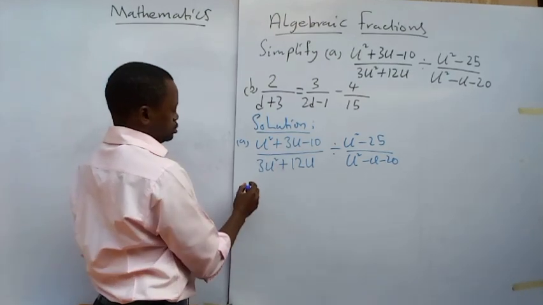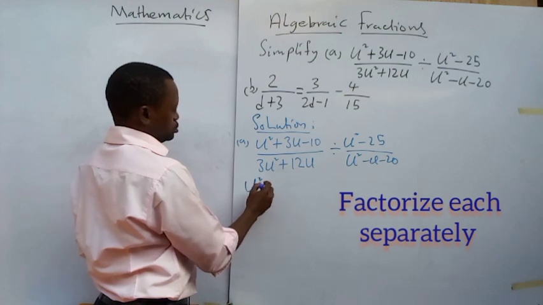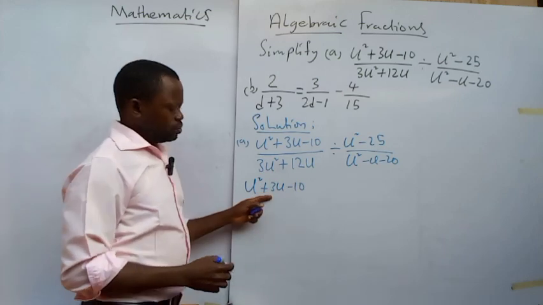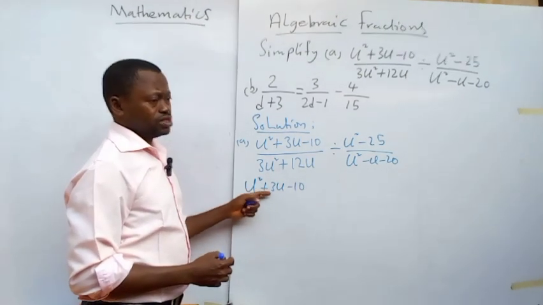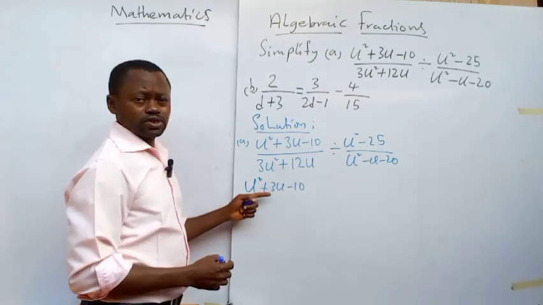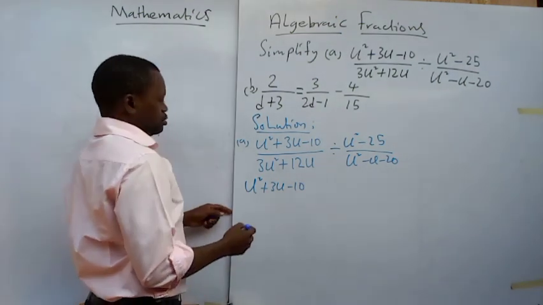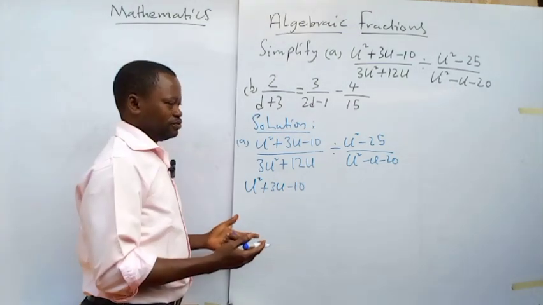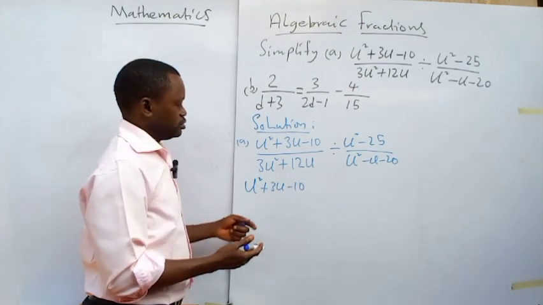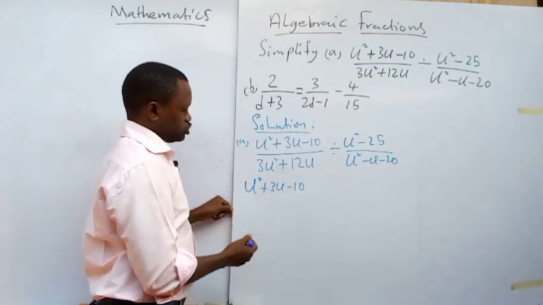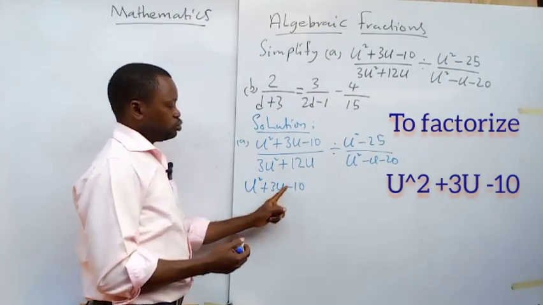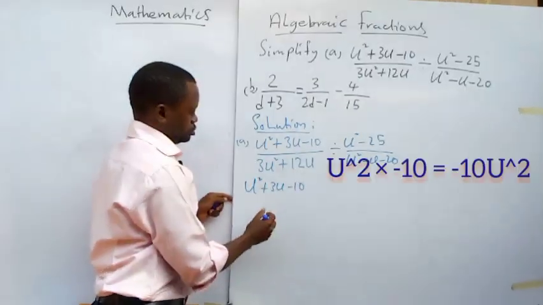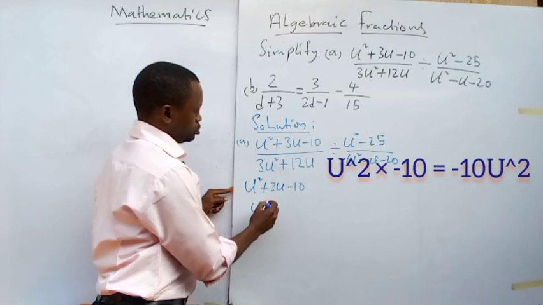The first is this u squared plus 3u minus 10. We factorize this. First of all, we'll check whether it is factorizable in the first place. I will explain it, even though I'm not teaching factorization right now. In factorization, we use the first term to multiply the last term, and you are going to have the product of this and this.